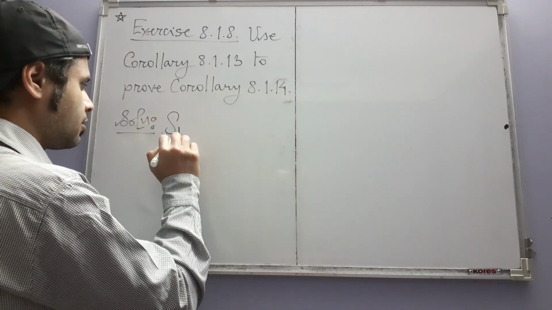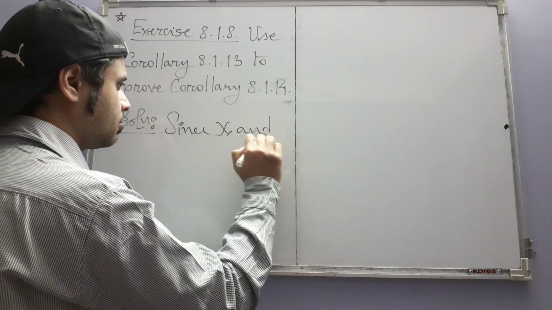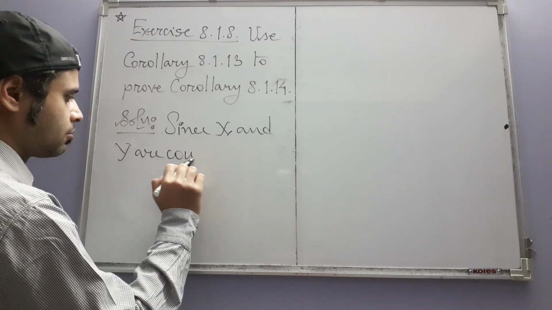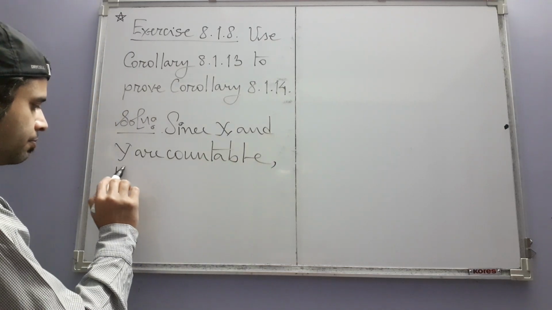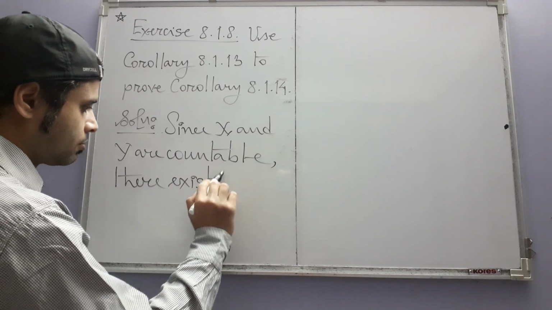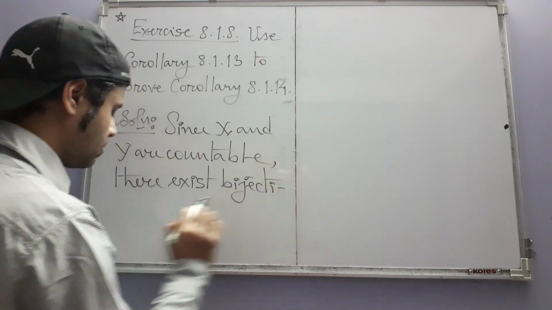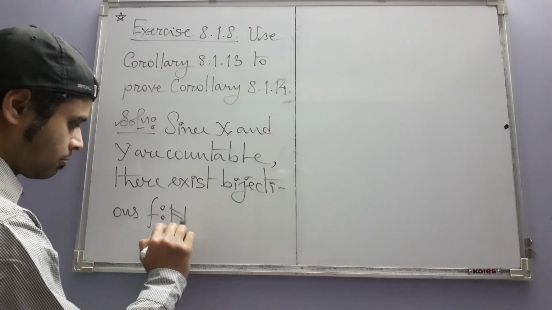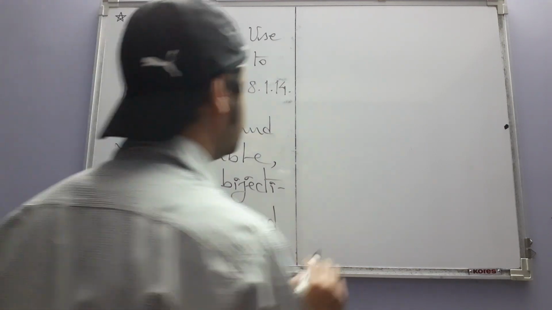So we start like this: since x and y, just like before, are countable, there exist bijections f and g.